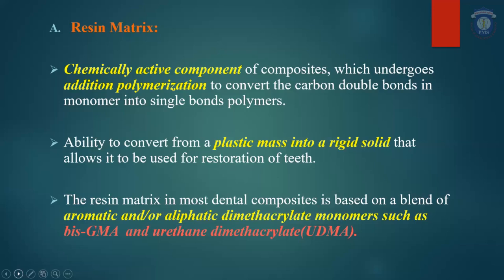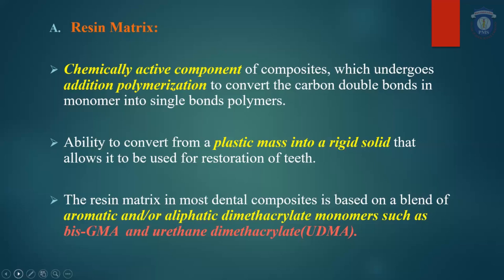And these monomers contain two methacrylate groups. Once more, it is a combination of straight chain hydrocarbons and cyclic hydrocarbons. That is why it is denoted as aromatic and/or aliphatic. And not only that, we have two methacrylate groups.